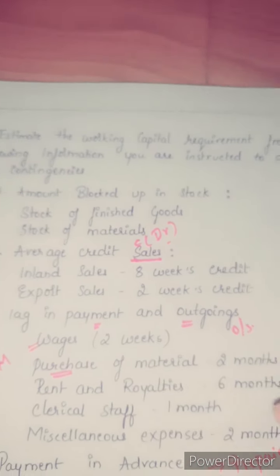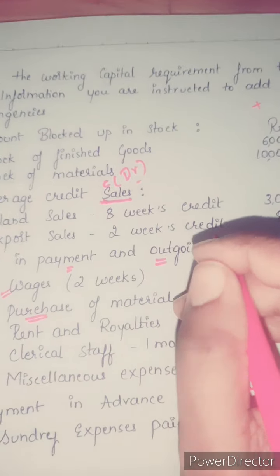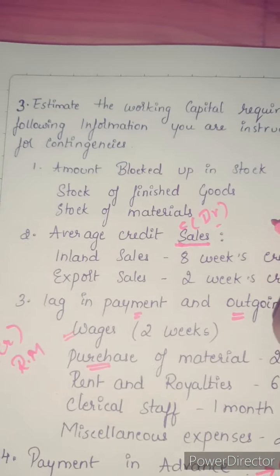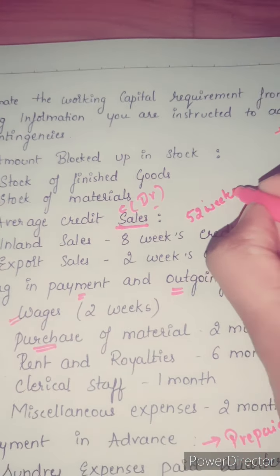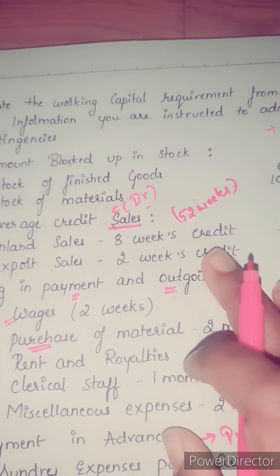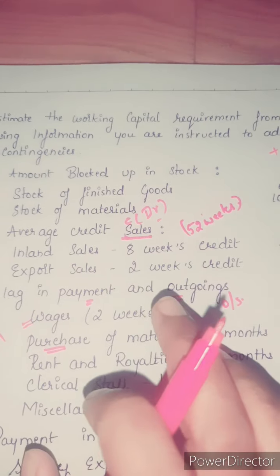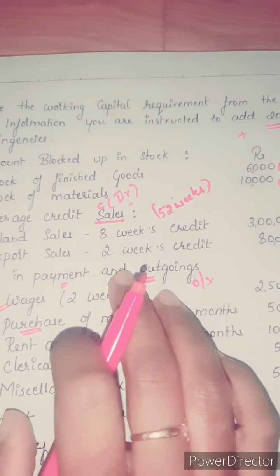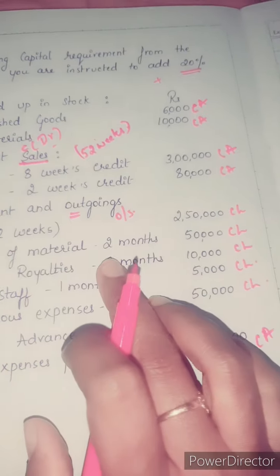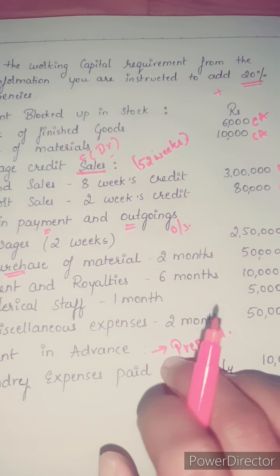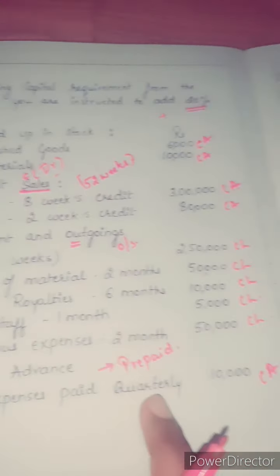Now see here, they are given in weeks, 8 weeks, 2 weeks. When we are considering weeks, it should be divided by the number of weeks in a year. We consider 52 weeks, right? So it should be divided on that basis when it is given in weeks. If given in months, divide by 12. If given in days, it is 360 days or 365 days. Here, sundry expenses are paid quarterly.